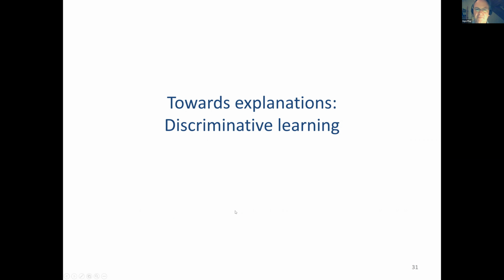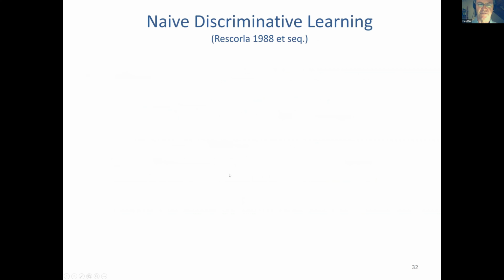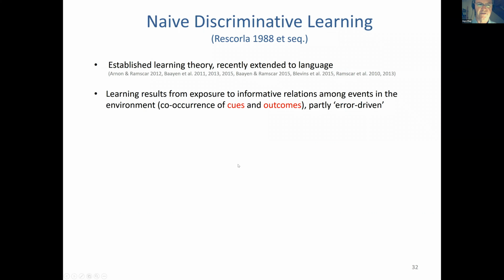So what we would like to do is move towards explanations. And I will consider a couple of studies using discriminative learning. This is a theory, an established learning theory that was recently extended to language. In this theory, learning results from exposure to informative relations among events in the environment.